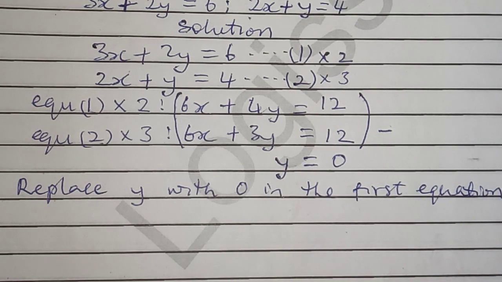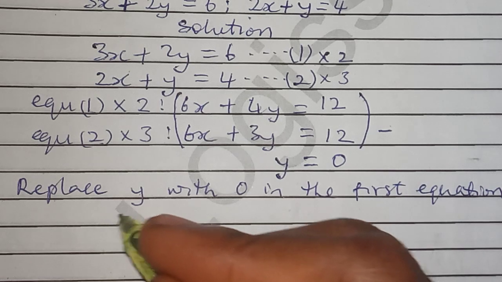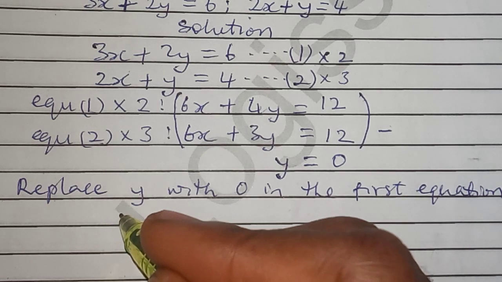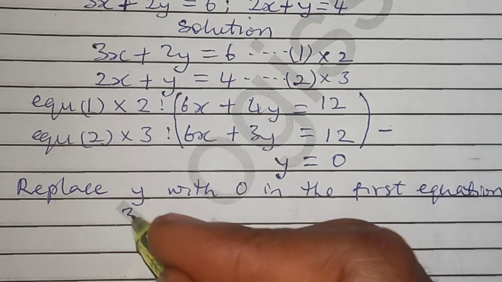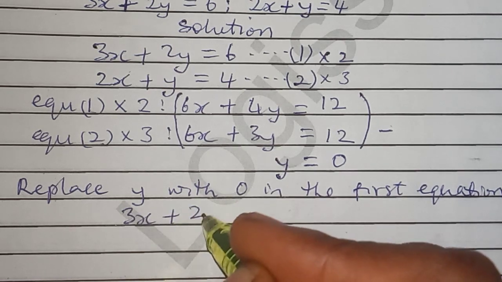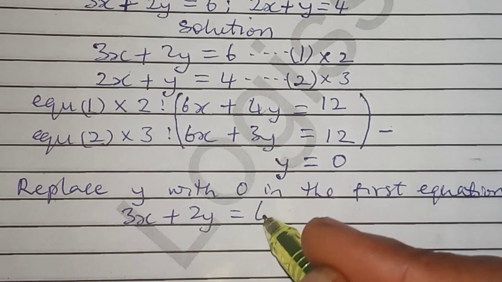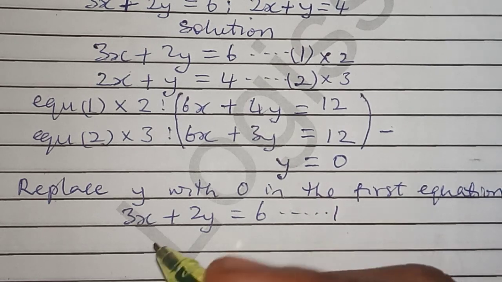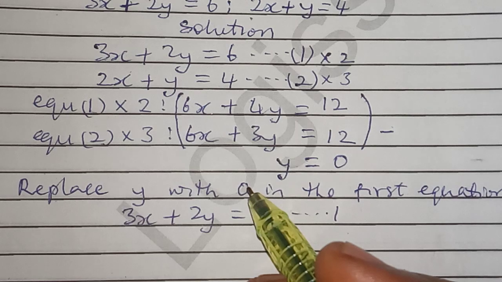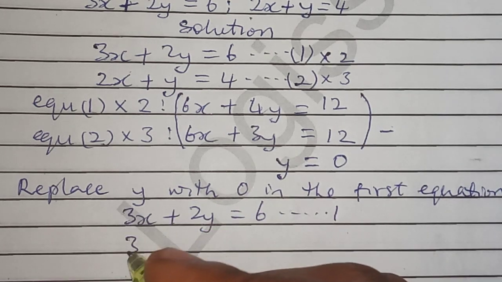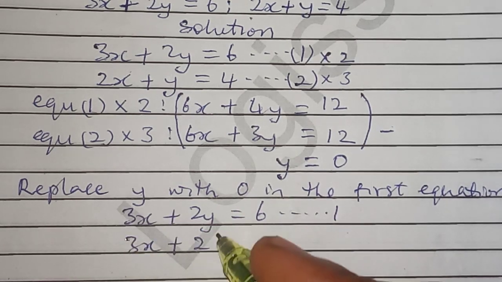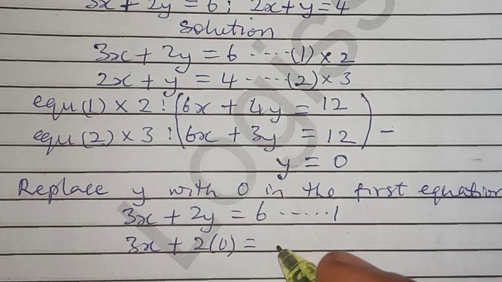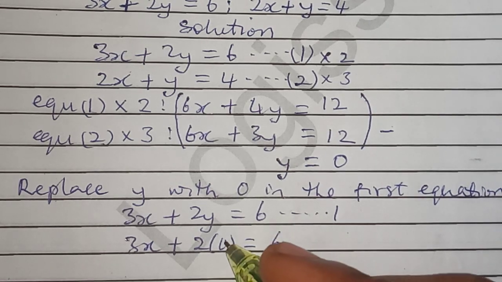So let's write equation 1. The first equation is 3x plus 2y equal to 6. That's equation 1. So we are going to replace y with what? 0. So we have 3x plus 2 times 0 equal to 6.